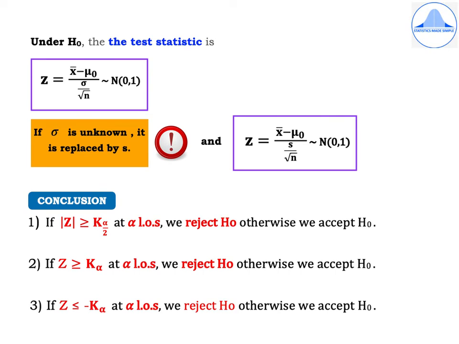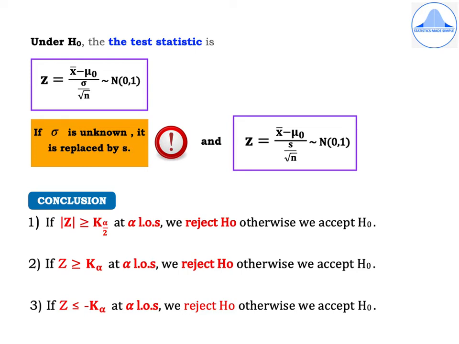So we have set up the null hypothesis and the alternative hypothesis. Now we have to mention what is the test statistic. So the sentence which we write is, under H naught, the test statistic is Z equal to x bar minus mu naught divided by sigma by root n, which follows normal 0, 1.